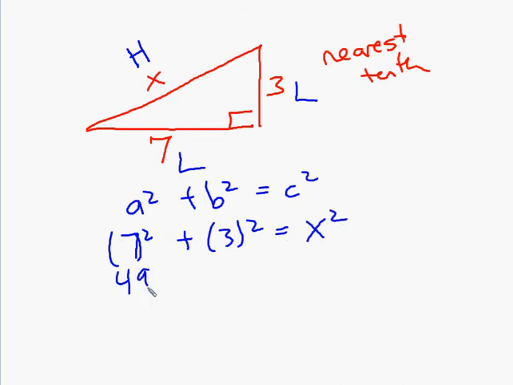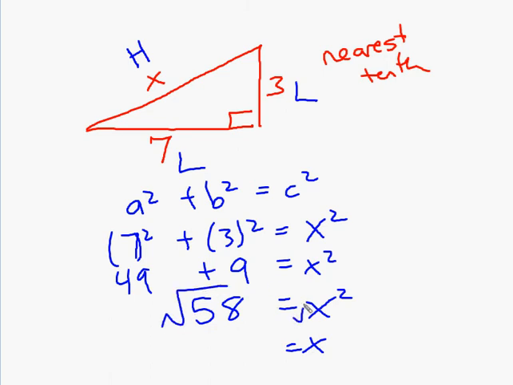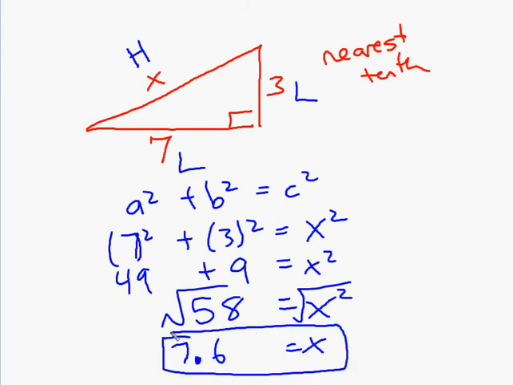Okay, so I have 49 plus 9 equals x squared. So I get 58 equals x squared. Now what do I do to solve? Square root of 58. I'll put that in my calculator. And to the nearest tenth, what do I get? 7.6. We all agree, 7.6? Okay.